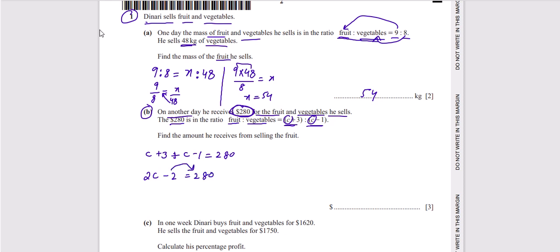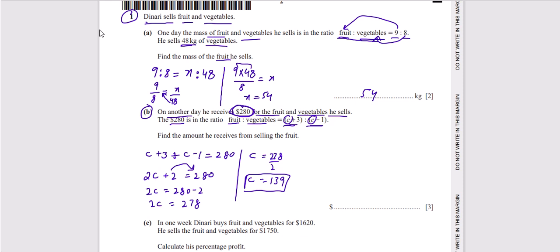Shift 2 to the other side, it will be negative. 2C is equal to 278. Divide with 2. C is equal to 278 divided with 2, so C is equal to 139. So the value of C is 139.